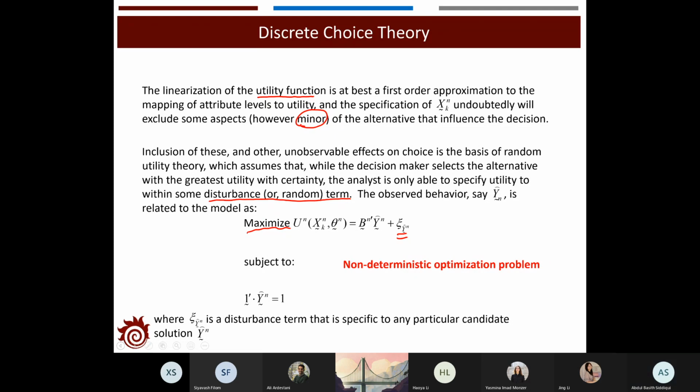Actually, you need to consider the discrete variables, attributes for the model. Usually you need to add one constant term for the discrete choice model, and that term is involved with the mode, which is a discrete variable. Maybe at the end of this lecture, there's one example showing how to set up the attributes, and you'll have the idea about how we can include both discrete and continuous variables. Okay, thank you, Professor.